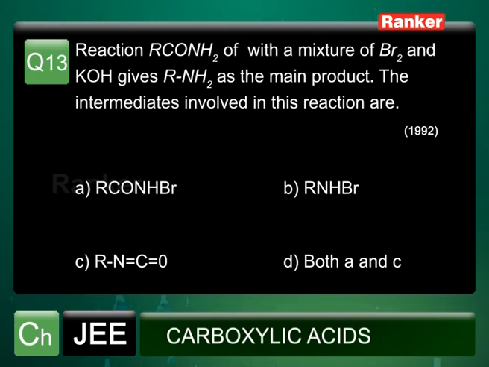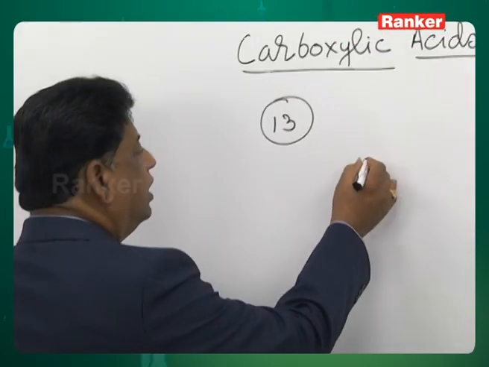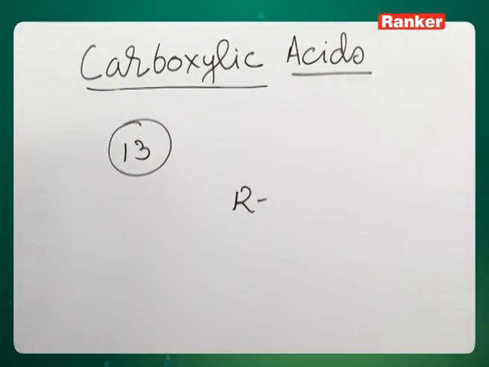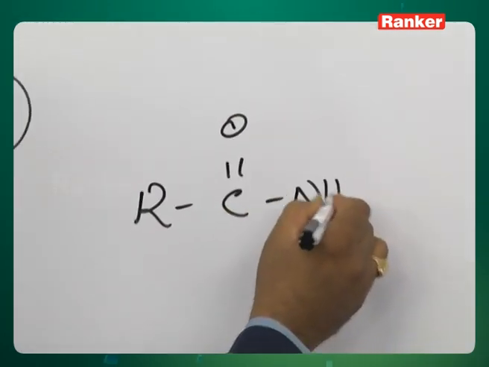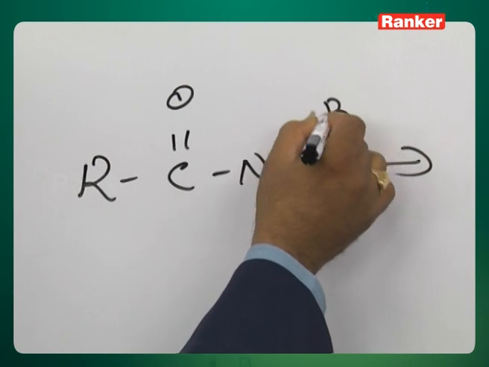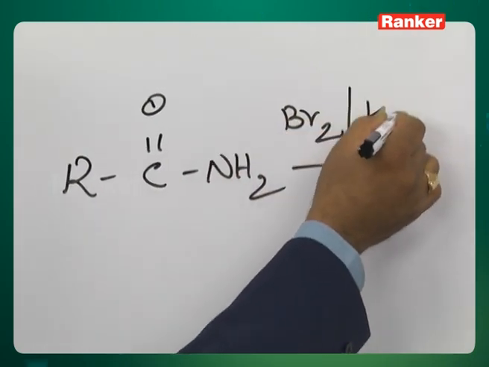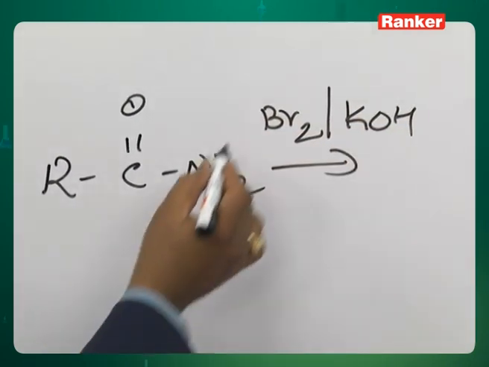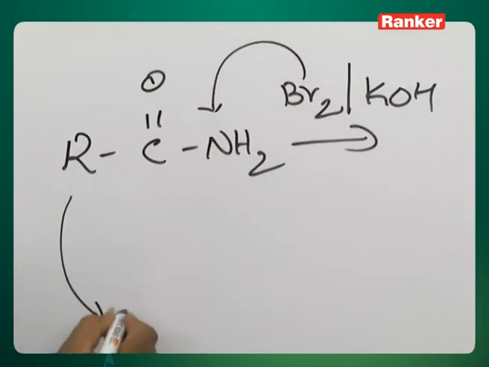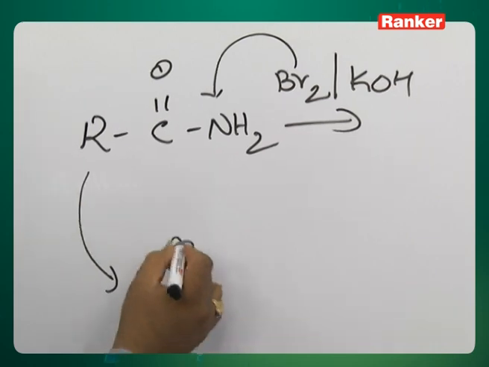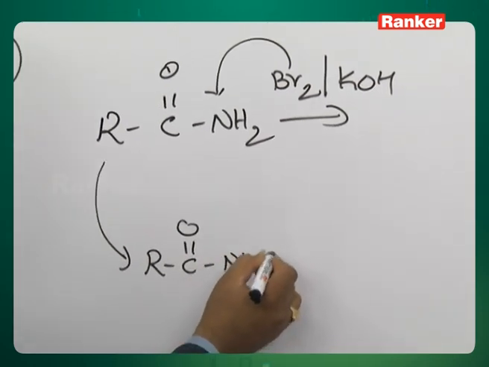We will see first what the reaction actually is. He has taken RCONH2, where R is not mentioned, treated with bromine in the presence of KOH. Bromination takes place on the nitrogen, and RCONHBr is formed.